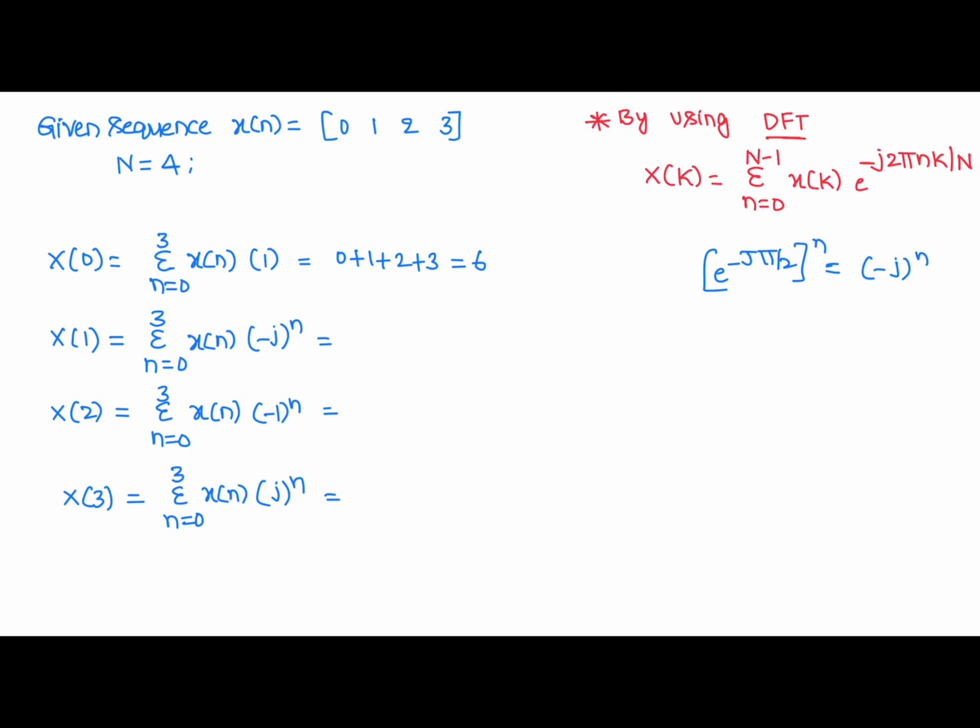Now the sequence for X of 1 is x of n, after calculation it results minus 2 plus 2j.